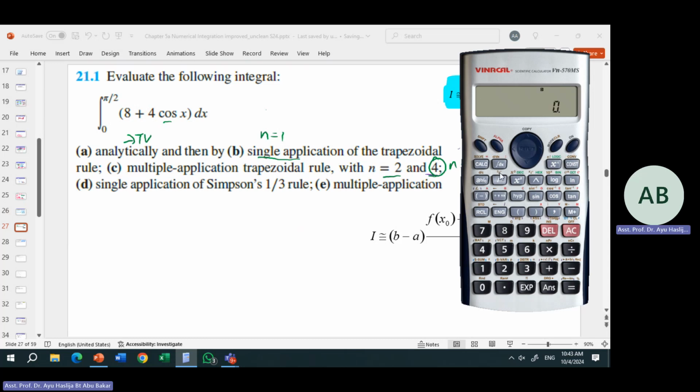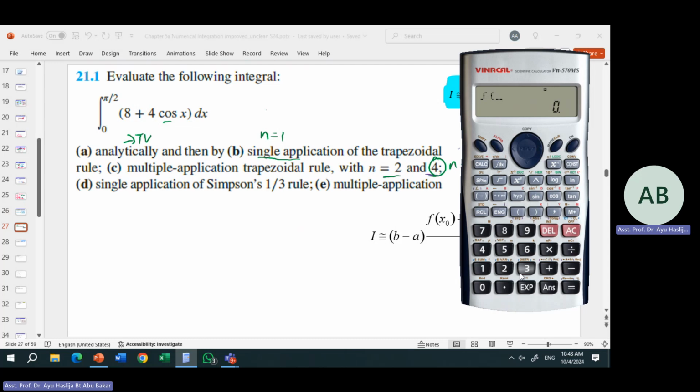Now, to find the true value, integrate, key in your function. Wait, I changed the mode first. Radian. Okay.